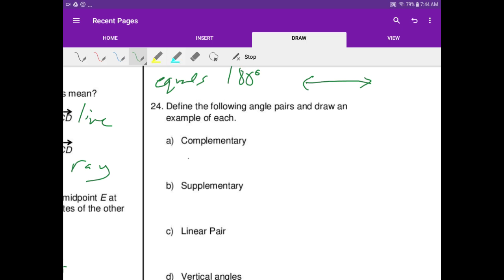Complementary. They add up to 90. Supplementary adds up to 180. Linear pair is congruent. No, that's not right. I'm sorry. Linear pair is adjacent and supplementary.